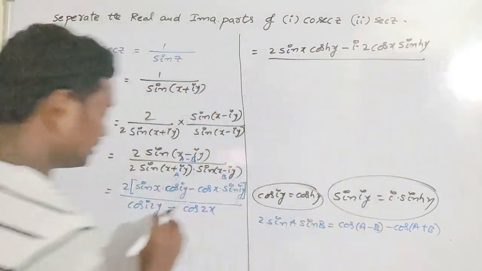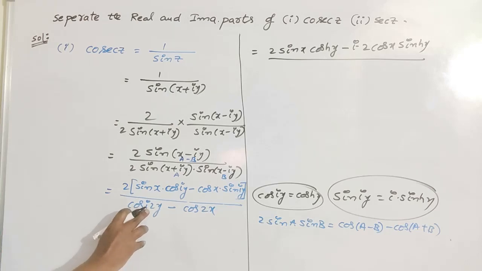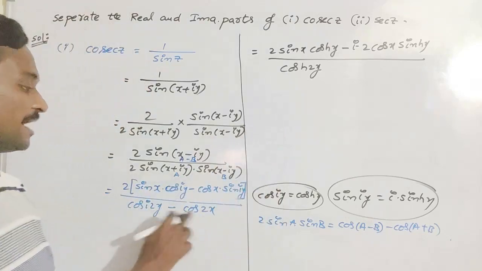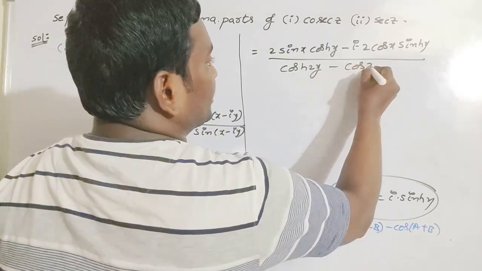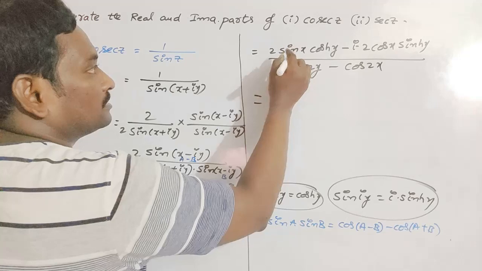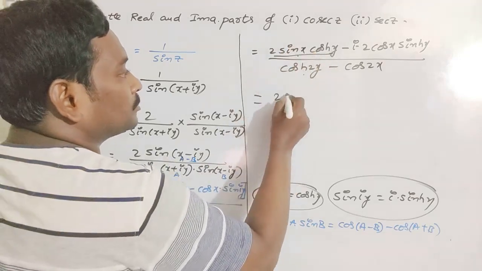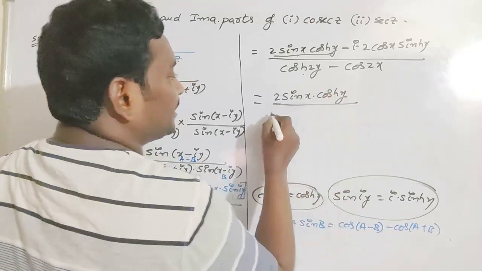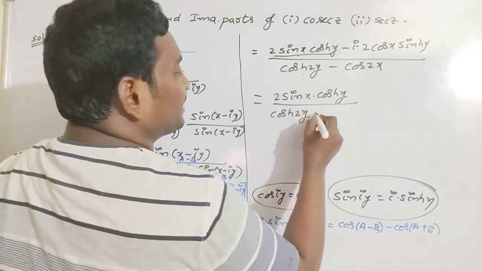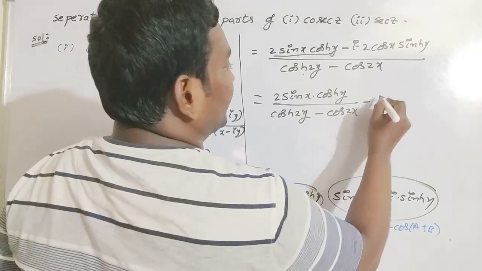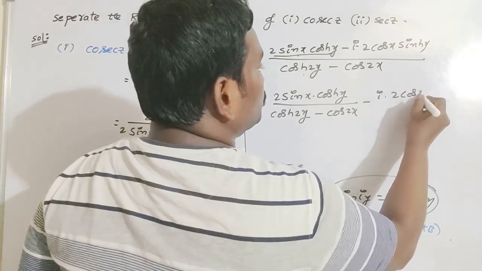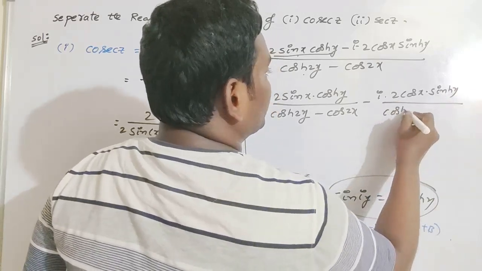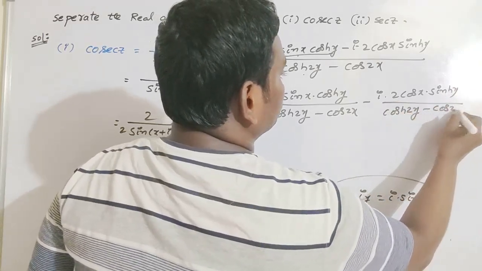Whole by, in the denominator also we have cos i2y. This i is replaced by cos h2y minus cos 2x. Split the terms. This part by denominator. 2 sin x cos hy whole by cos h2y minus cos 2x, minus i into 2 cos x sin hy whole by the same denominator cos h2y minus cos 2x.